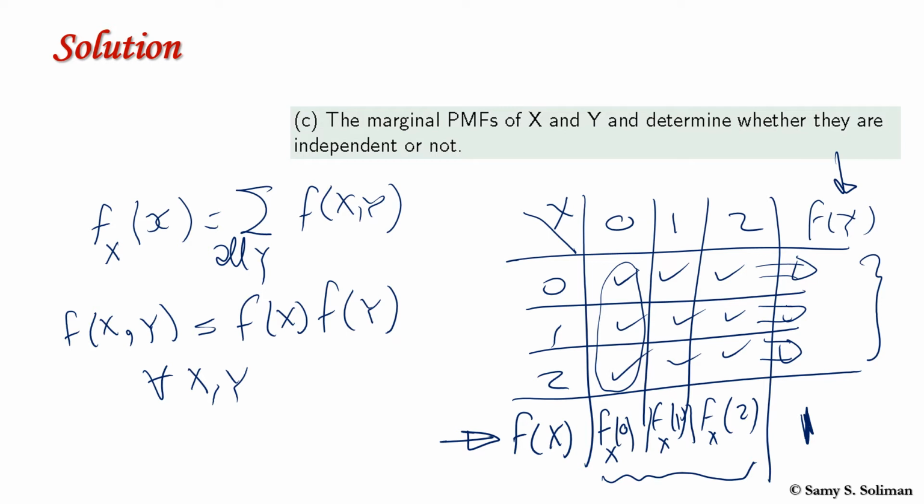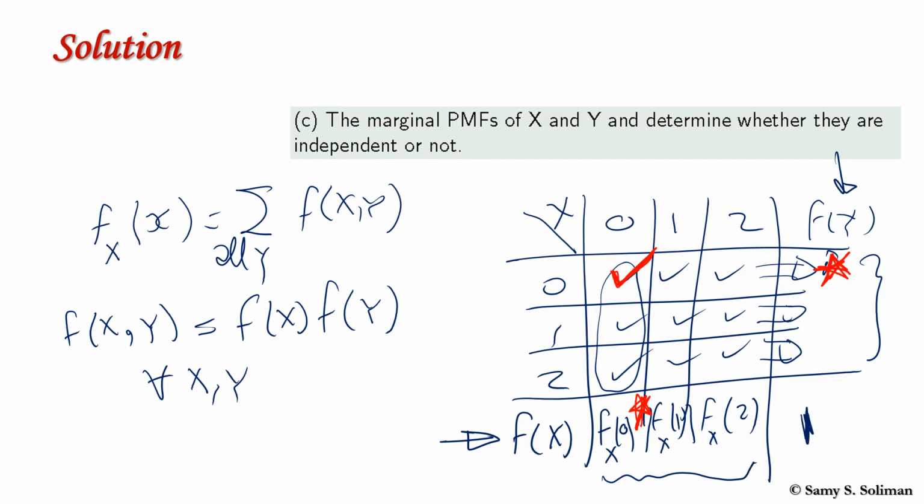That's why if we want to make such a check quickly, you can check if the multiplication of this value here, for example, this value here multiplied by this value here, so this is the probability that y equals 0 times the probability that x equals 0, is equal to this joint distribution or not. If it is equal, then you have to try the next value until you check all the 9 values in this example.